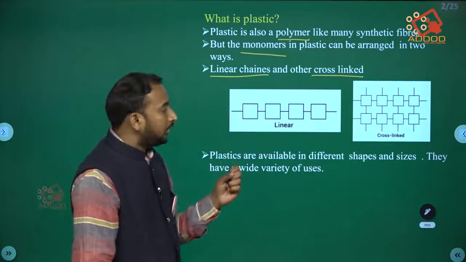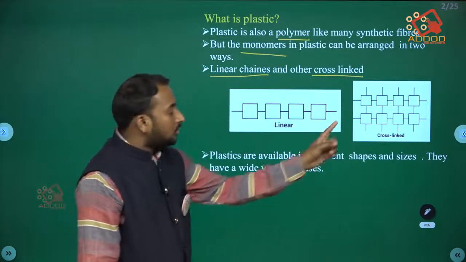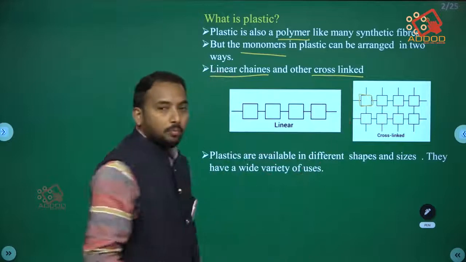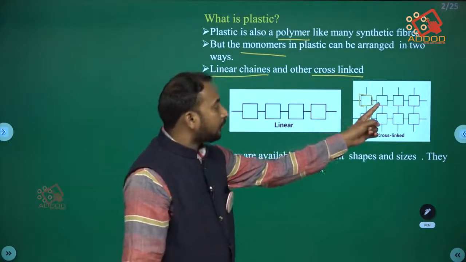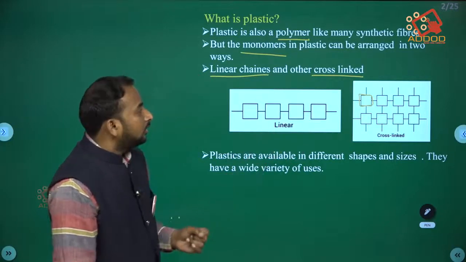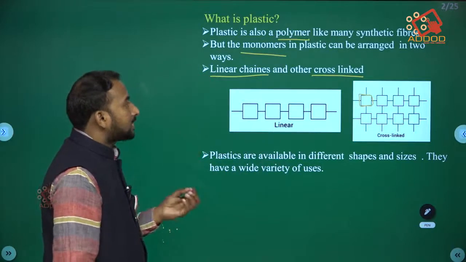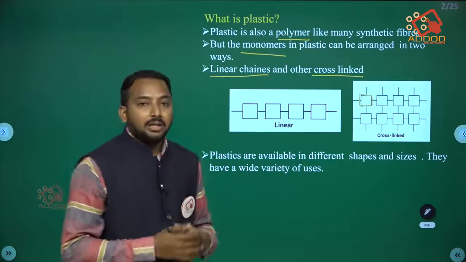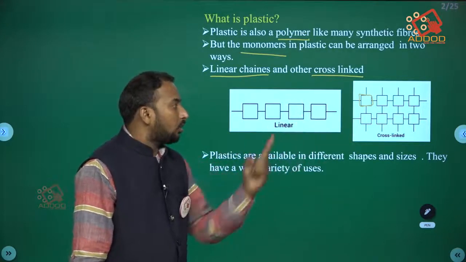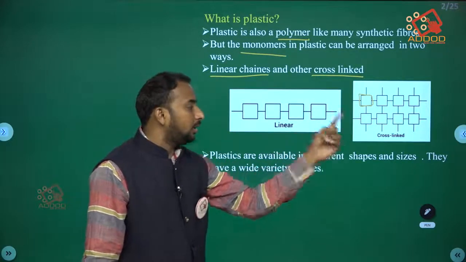In the cross linked arrangement, one monomer unit is connected to another two monomer units. This is the cross linked monomer linkage. So in plastic, the monomers can be arranged in two ways: linear and cross linked.